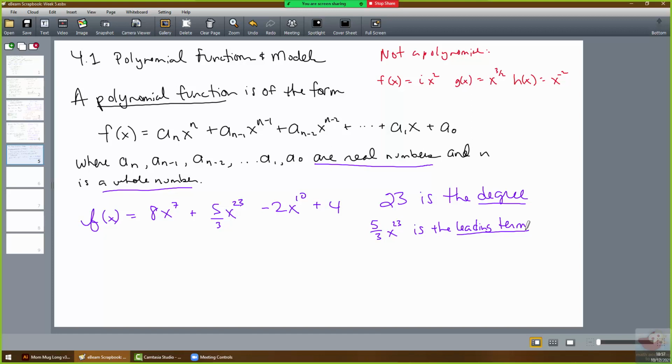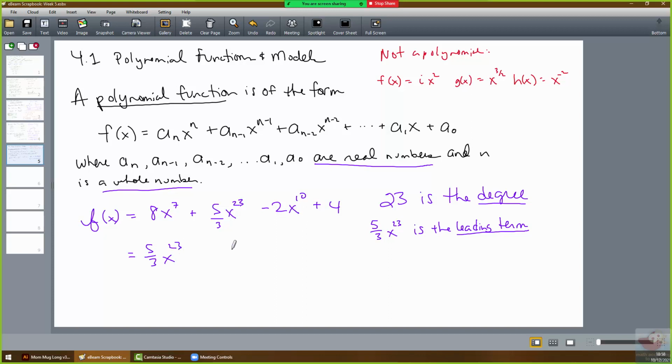It is sort of a misnomer here because leading tends to mean first. Well, notice because addition is commutative, you don't have to write the polynomial in what is normally called decreasing degree. We tend to write our polynomials in decreasing degree, meaning we would have written this as 5/3 x to the 23rd.